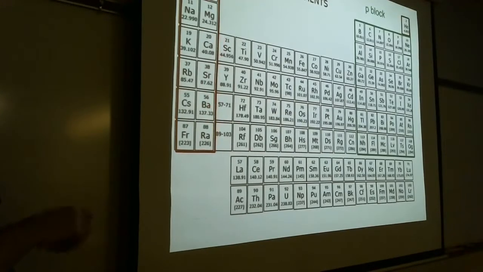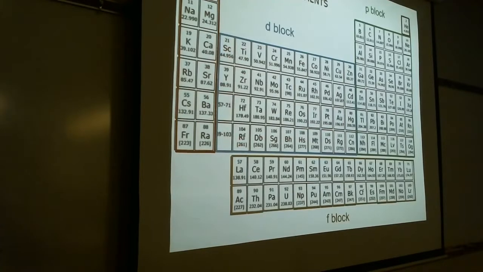Now everything in between, those are called the transition metals. They're also called the D block. So everything in between the S block and the P block is called the D block. And then what's left is the F block. So just label these sections on your periodic table.